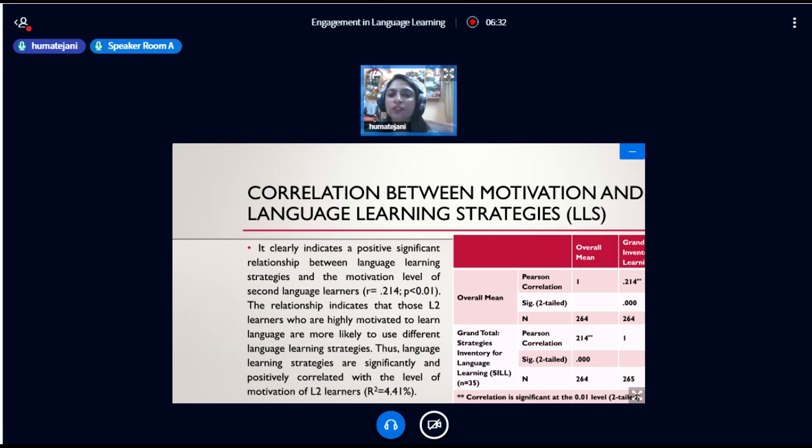Okay, so the correlation was taken between motivation and language learning strategies, and it indicated a positive, significant relationship between language learning strategies and the motivation level of second language learners, which means that students who use different types of learning strategies, be it cognitive, metacognitive, compensation, or social strategies to learn the second language are highly motivated, or vice versa.